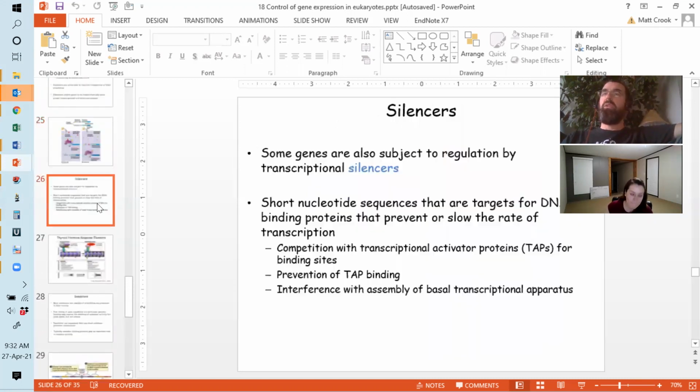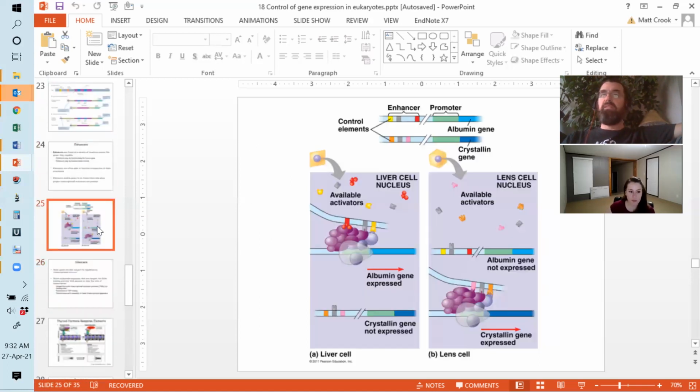Okay, so one of the things about these enhancers: you can see this DNA bent round, so this isn't an end flapping in the breeze. This is just to simplify the diagram. But DNA is kind of mobile, so it folds around, and those proteins are able to interact with the transcriptional apparatus, even if that DNA is many thousands of bases away. And so this poses a bit of a problem, because DNA doesn't just bend in one direction.